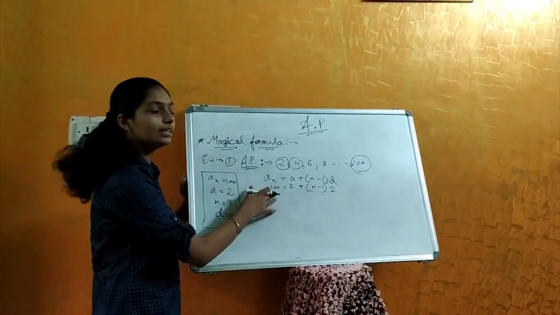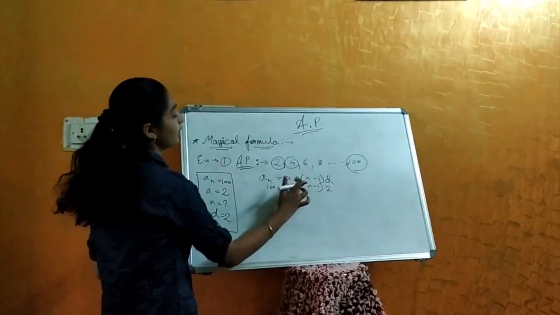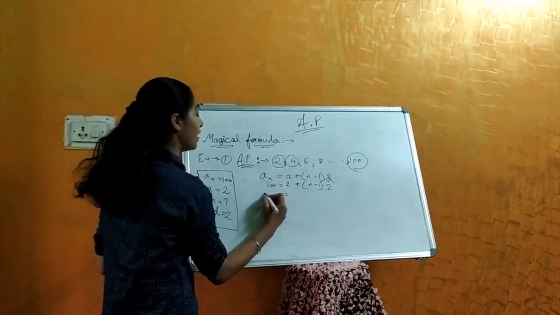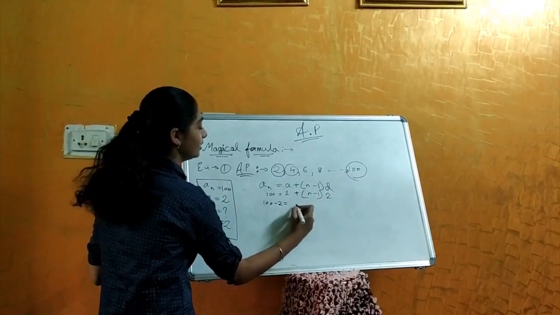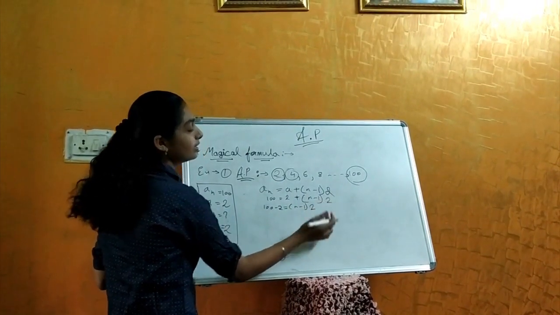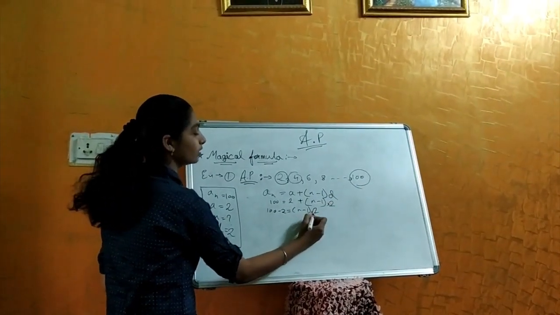Okay, is it clear? Now, this 2 is in addition, so it will go to the LHS and get subtracted. So 100 minus 2 is equal to, we'll write it as it is, n minus 1 into 2. Listen guys, this is 2 into, it is an into, okay?